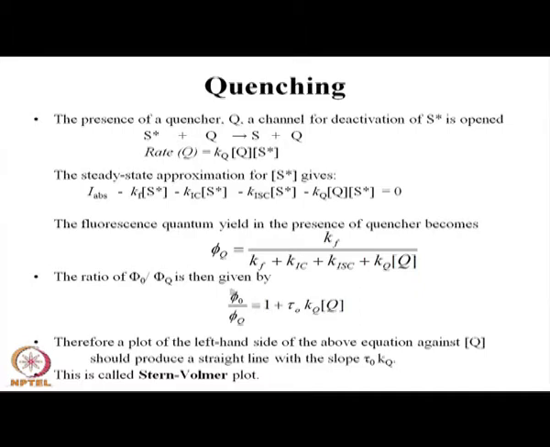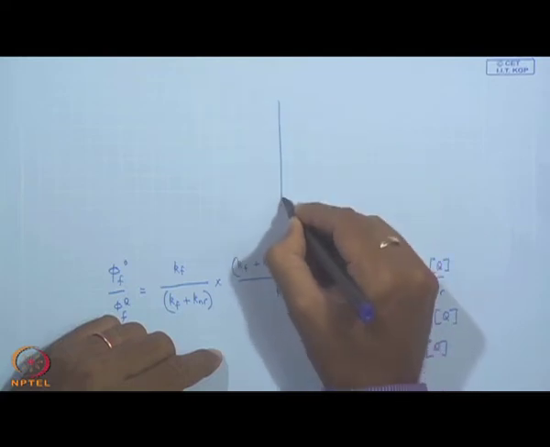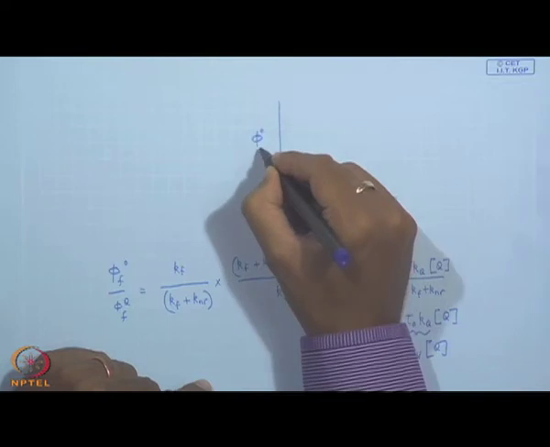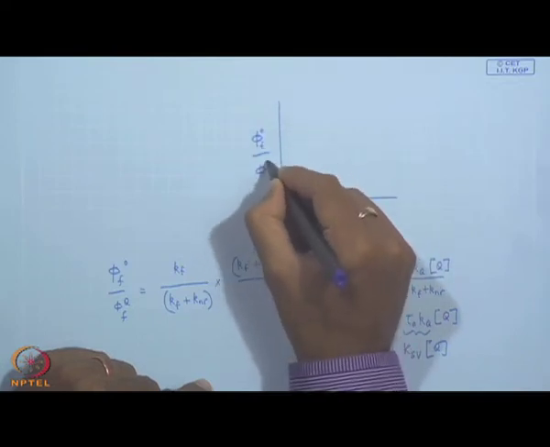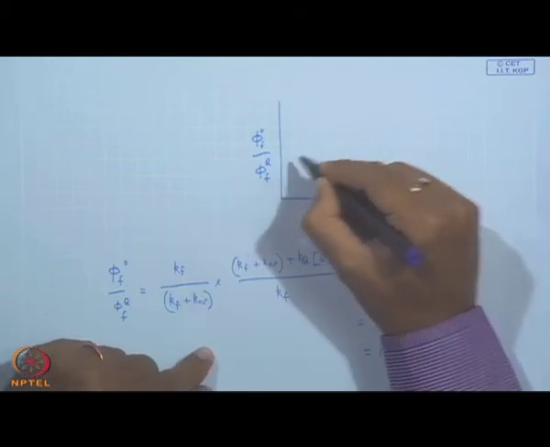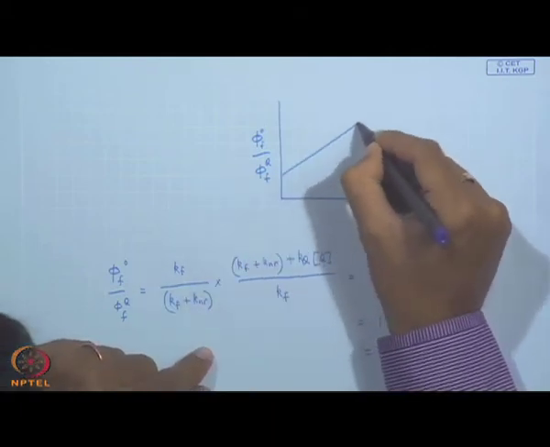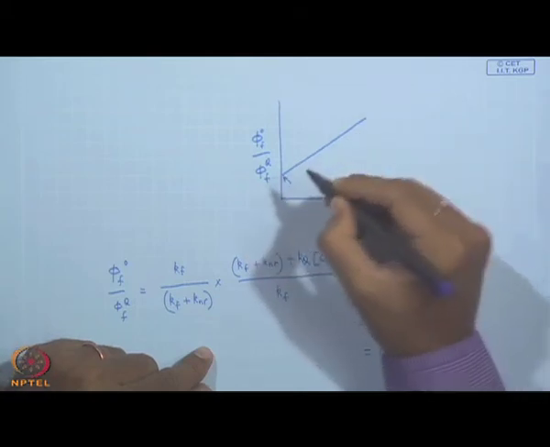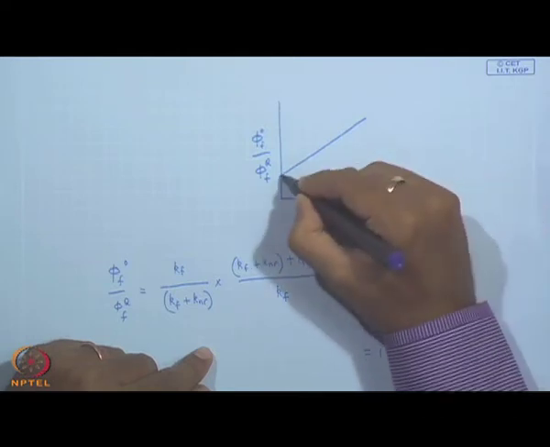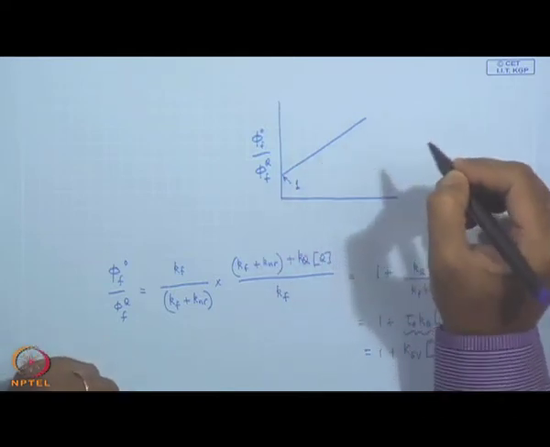So, you see that if you now plot phi 0 by phi Q as a function of quencher concentration, what do you expect? phi 0 by phi Q, that is the fluorescence quantum yield ratio, gives a plot like this with intercept equal to 1, and the slope will give you k q into tau 0.